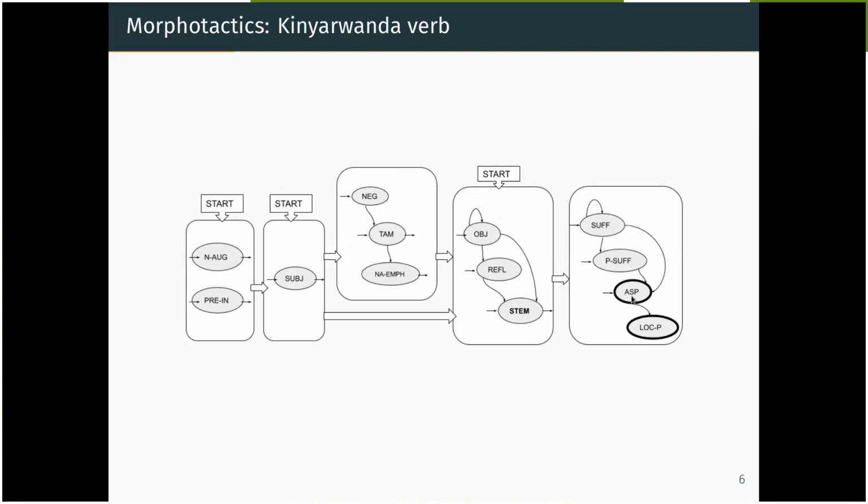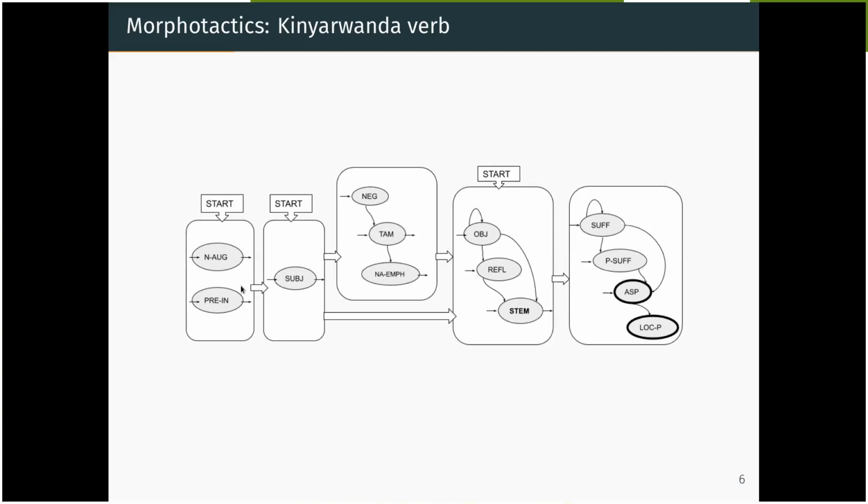And you have to end either in the aspect morpheme or in the location postfix. So this graph shows how many combinations of these sorts can happen. I don't remember exactly the number, but they are in the thousands of combinations.